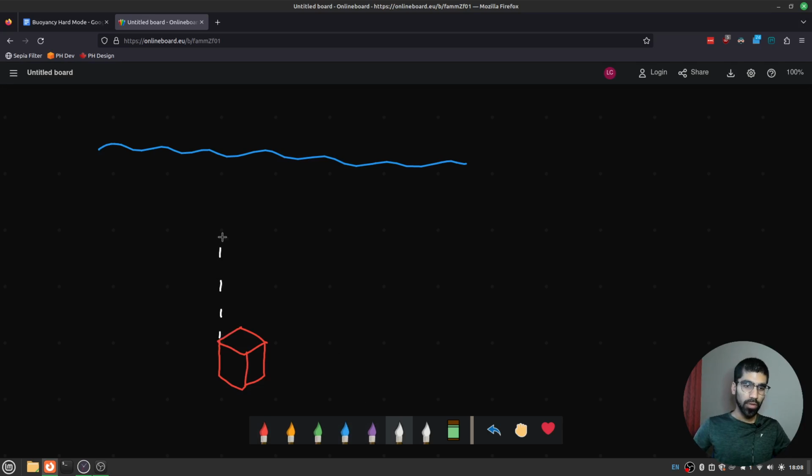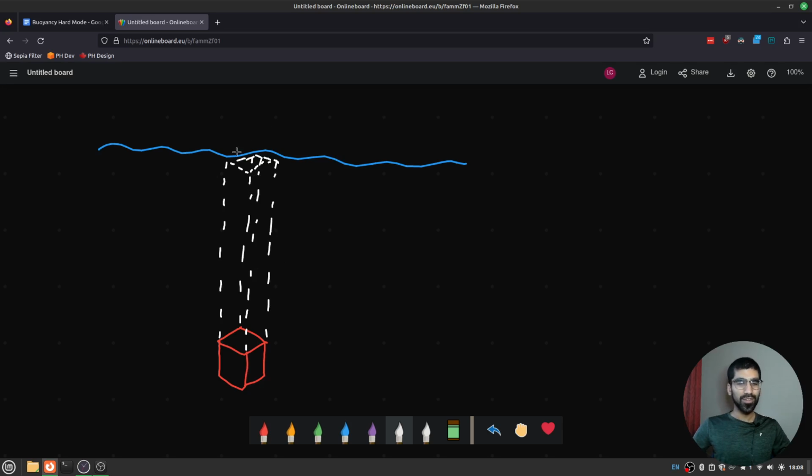So if I extend some lines upwards for the water column here, okay, this one looks a little bit rougher, but whatever.